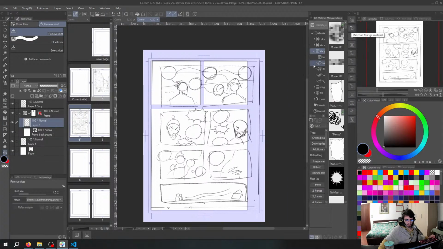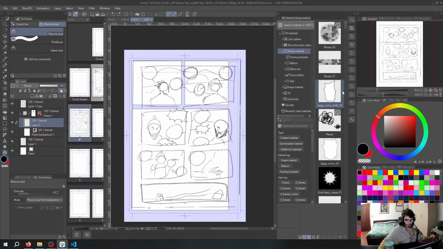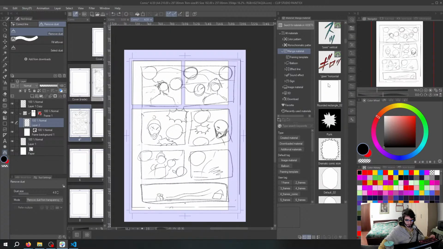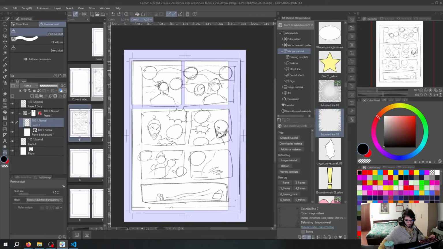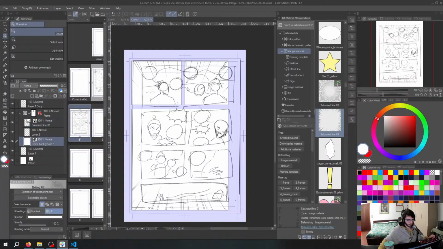Okay. So here's the manga packet, right? It's a lot of shit. There you go. So this becomes a problem real quick.